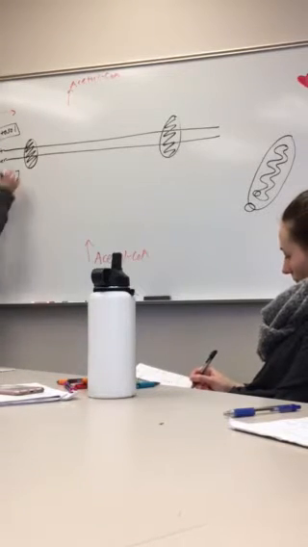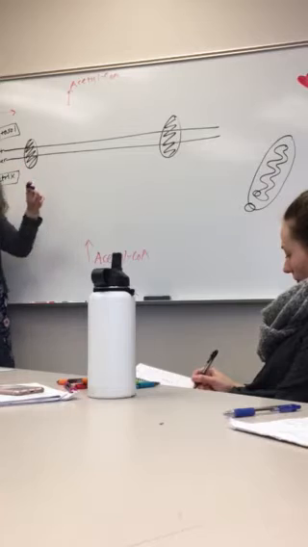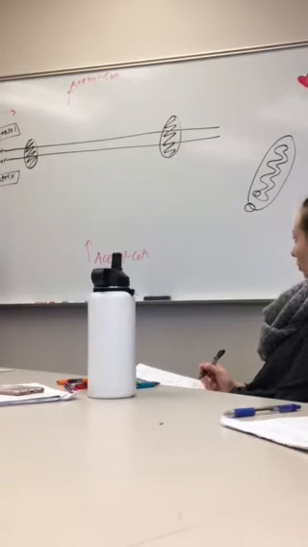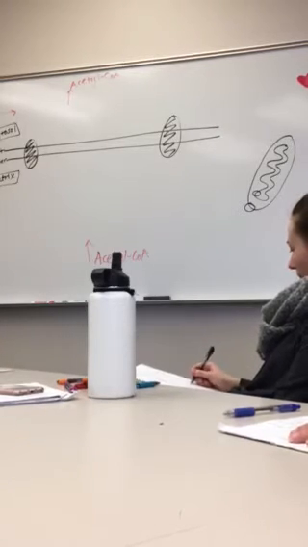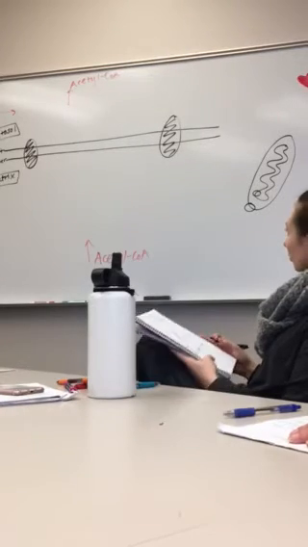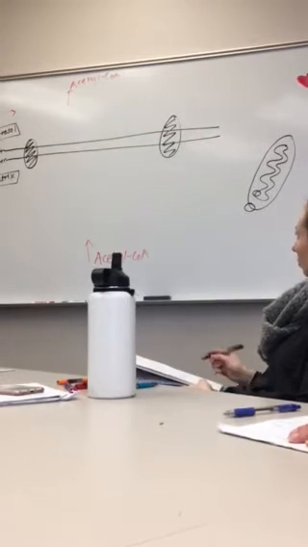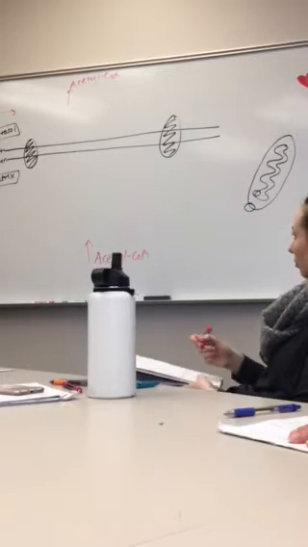So your 2 key transporters are, and if you think about it, pyruvate goes, what am I trying to say? I forgot what I was going to say. Never mind, scratch that. Those 2. Okay.